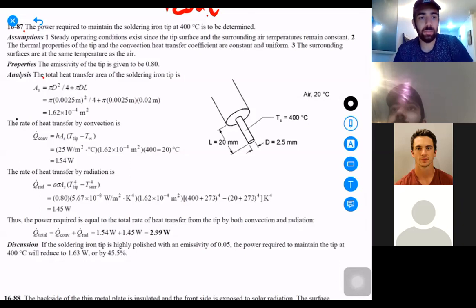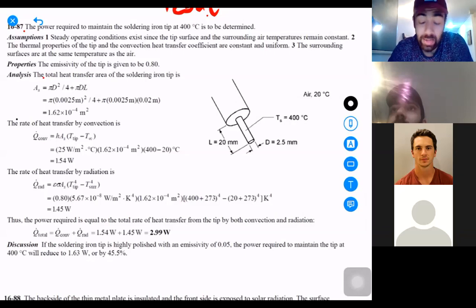Again, it is asking me the power required to maintain the soldering iron tip at 400 degrees Celsius has to be determined. So the question is limiting my field of view to only the iron tip.